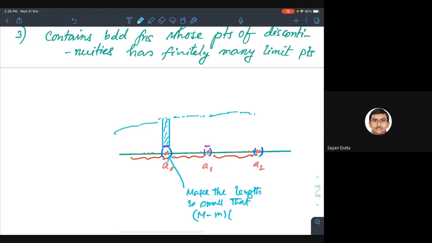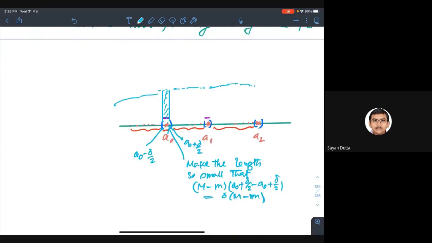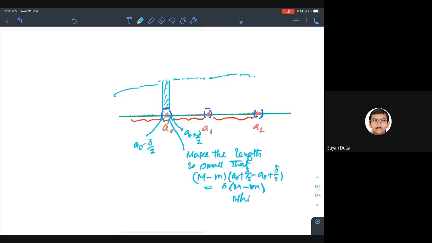In this one, the neighborhood is a naught minus delta by 2 to a naught plus delta by 2, so the length is delta. So this would be delta times M minus m, which is very small.